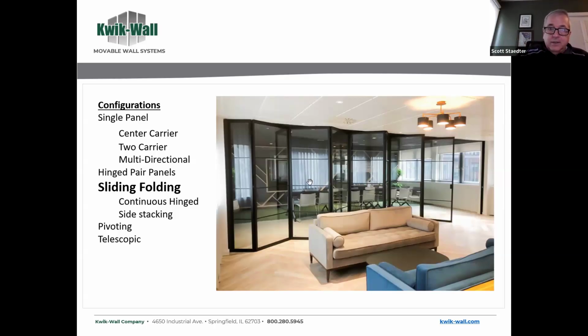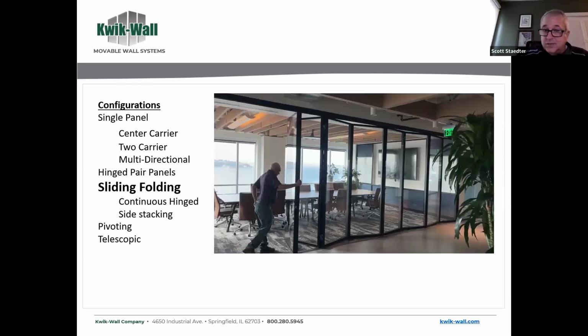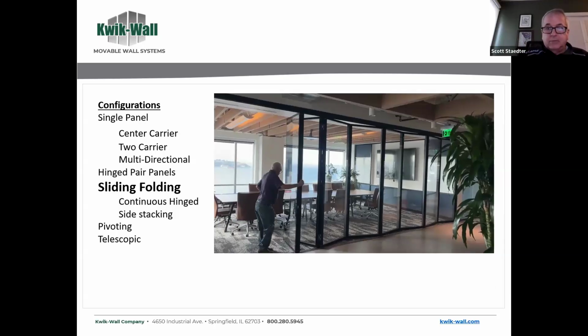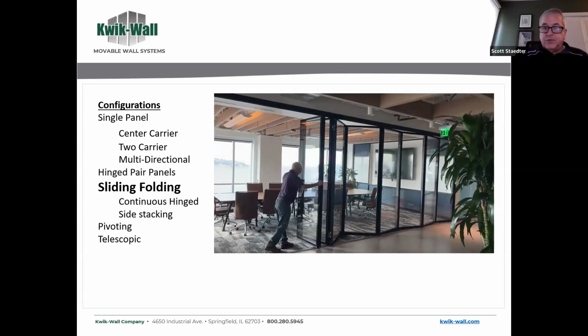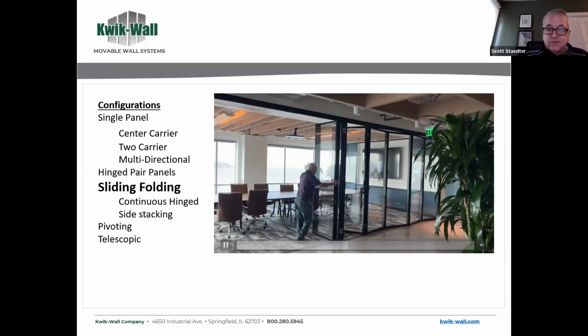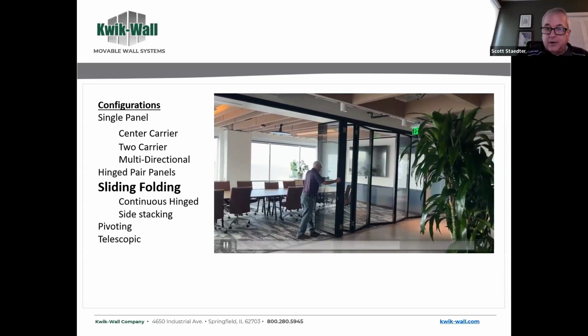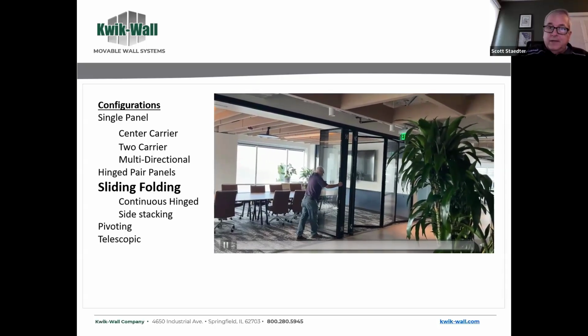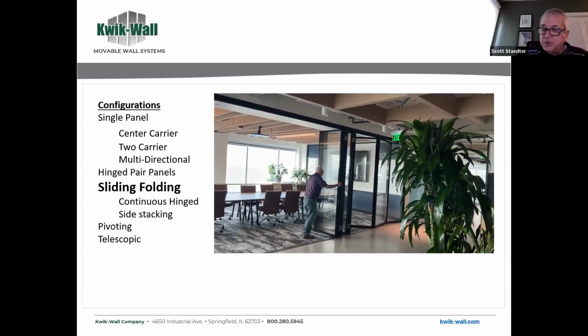However, the sliding folding systems, super side stacking, very popular now. So as you're seeing, the systems are running on a carrier underneath on the floor, and it's guided at the top, and somebody's just pushing it, pulling it back out, pushing it. And again, you lock those individually down on the edge of the panel, pretty much with everybody's systems that have that type of style. Okay.